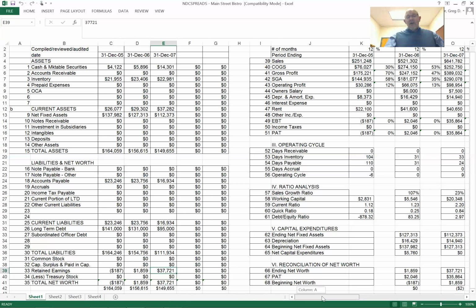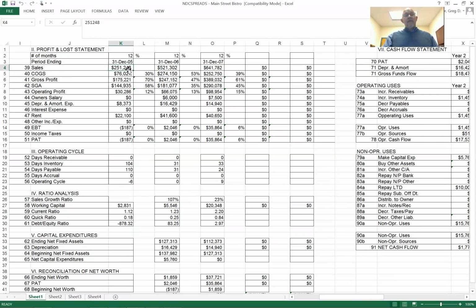So, if we begin, we look at our sales for the past 3 years, and this is 2005, 2006, 2007. We'll see our sales have gone from 251 to 521 to 641. So here I would have a little bit of concern because this is relatively rapidly growing sales.